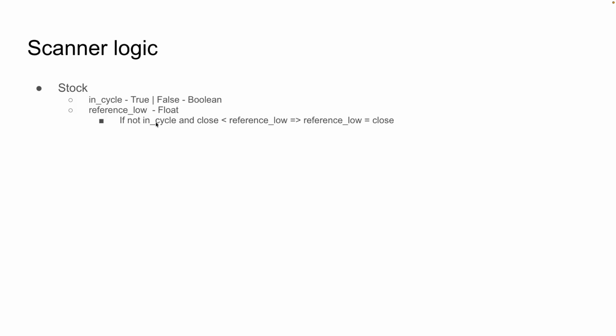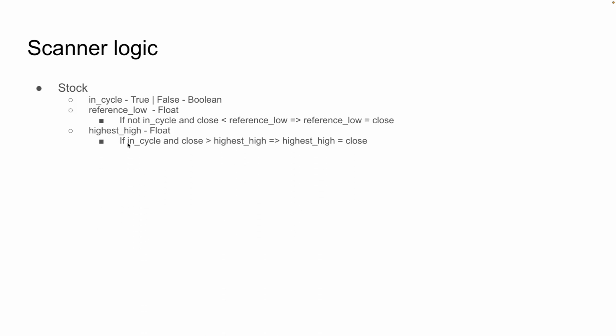So if a stock is not in cycle and the close of today is less than the previous lowest low that I have recorded, the reference low, the new lowest low becomes today's close. It's simple. What about the highest high? It's the opposite.